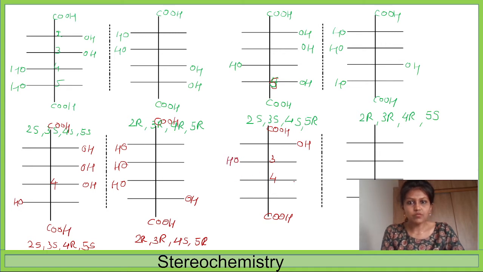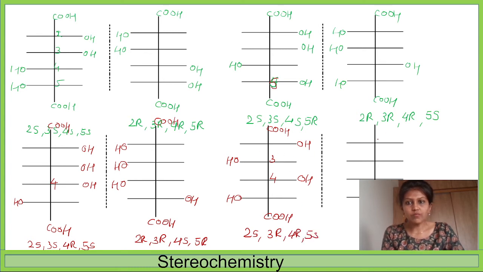Carbon number 4 becomes right hand side. So the configuration changes at 3 and 4 only. So 2S as it is, 3S becomes 3R, 4S becomes 4R and 5S as it is.